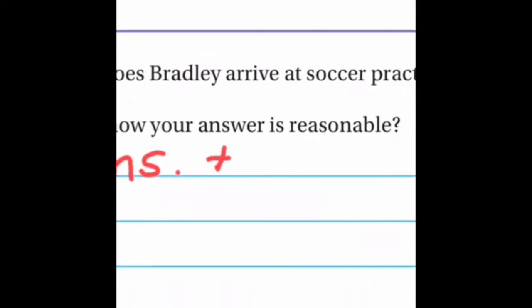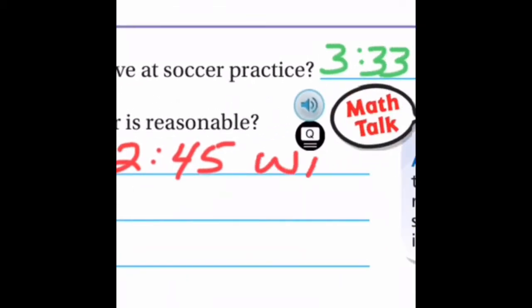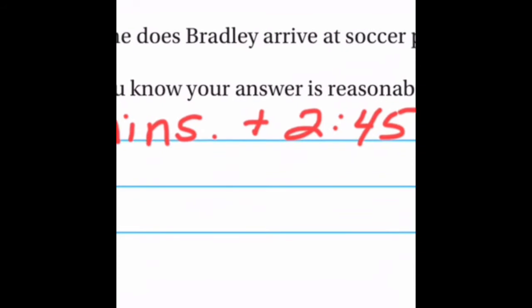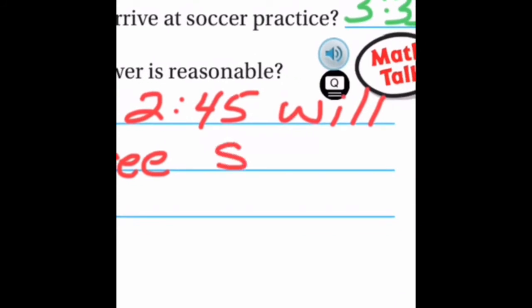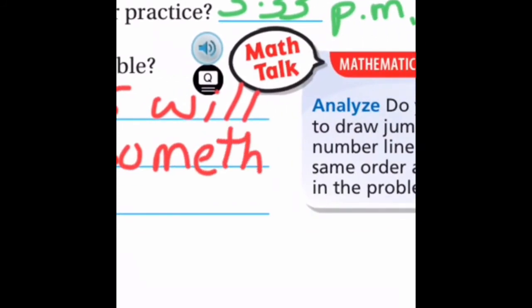We know 48 minutes, I'm going to abbreviate minutes, plus 2:45 will be 3 something, right? Now I don't know exactly what. We did figure it out, so I do know that now, but it'll be 3 something. So that's how we know our answer is reasonable.